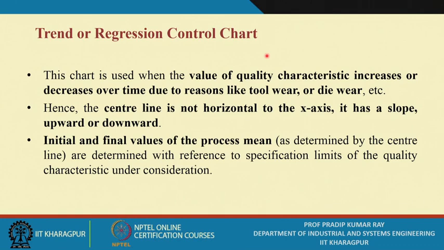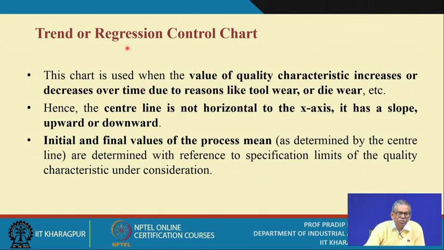The first one I am going to discuss is referred to as the trend or the regression control chart. First you must know under what conditions this type of control chart is recommended to be used.